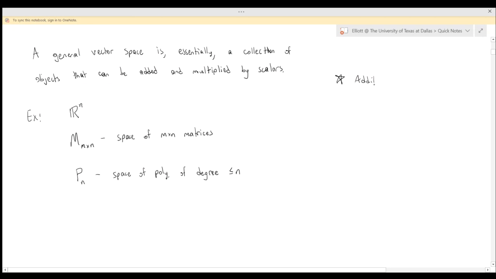So addition and scalar multiplication, and vector spaces, so they must satisfy various, I'll say, natural properties.